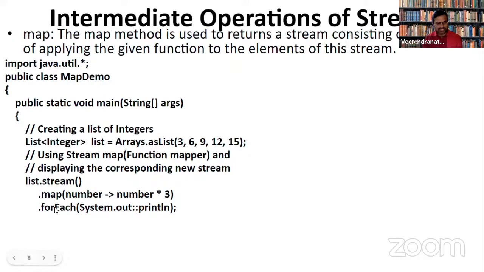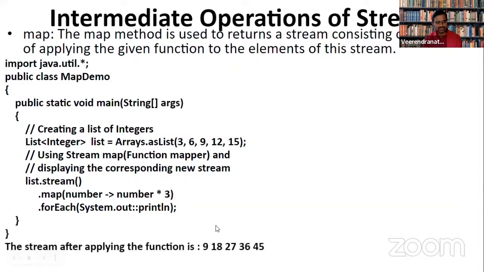Each element is to be printed with System.out. So what we are going to get here is 9, 18, 27, 36, and 45.